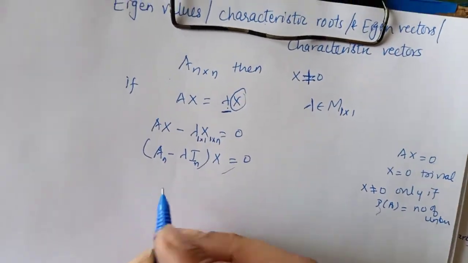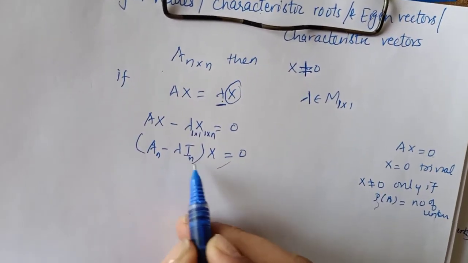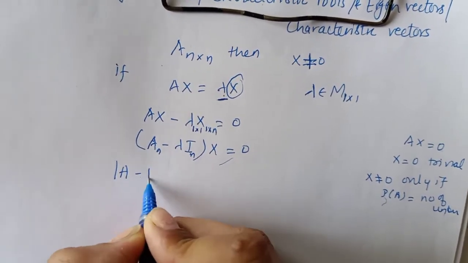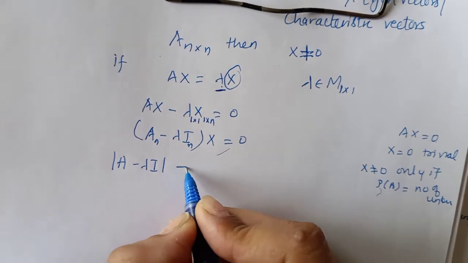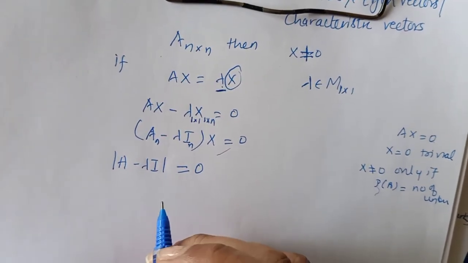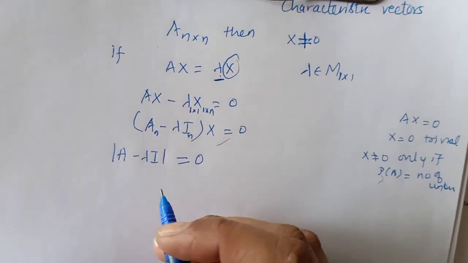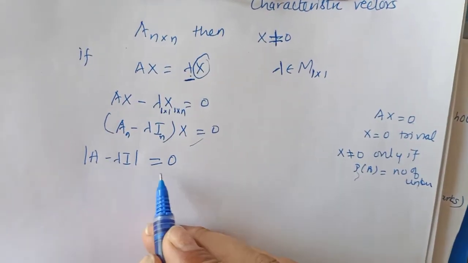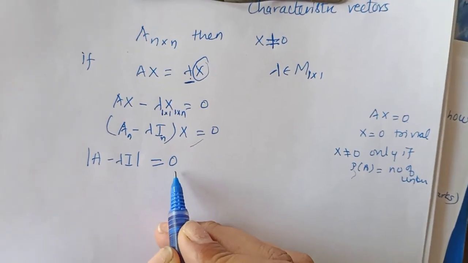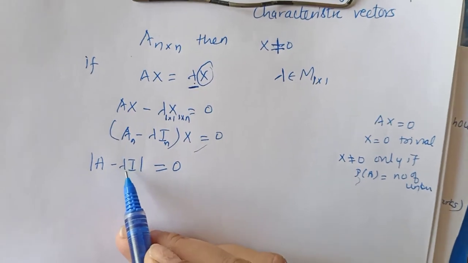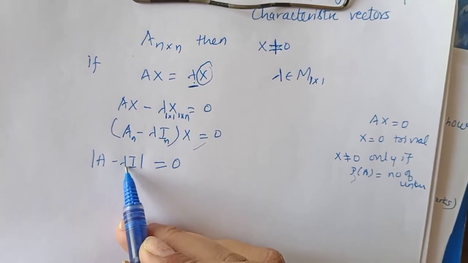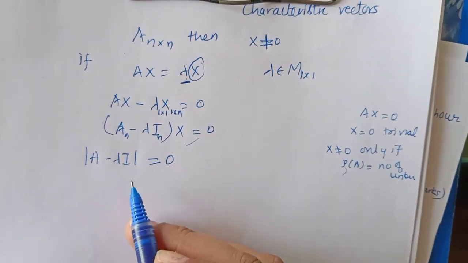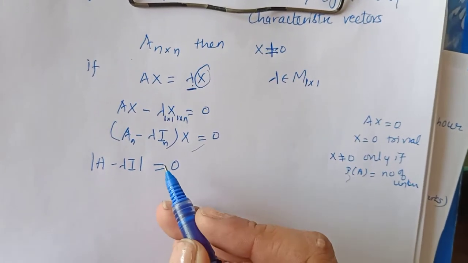So what we will be doing in order to make rank of this matrix less than n, the determinant of this matrix, it has to be 0. So we'll put determinant of this equal to 0 and obtain several values of lambda out of this equation. Actually this will become an equation in powers of lambda.